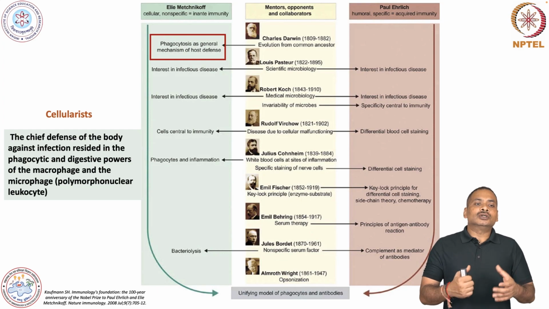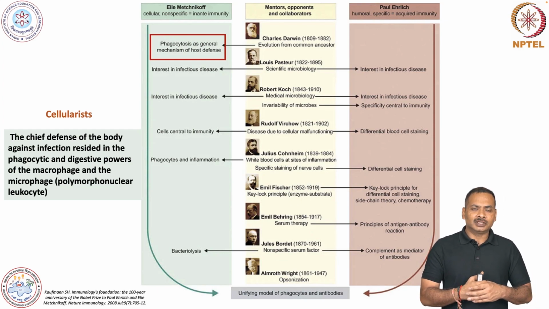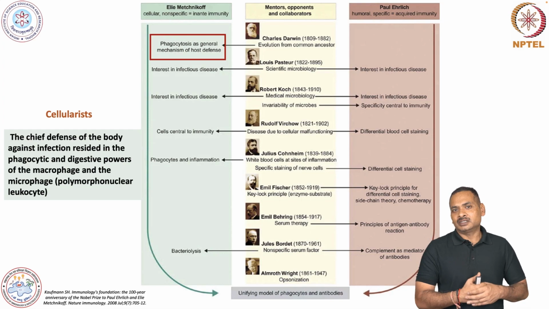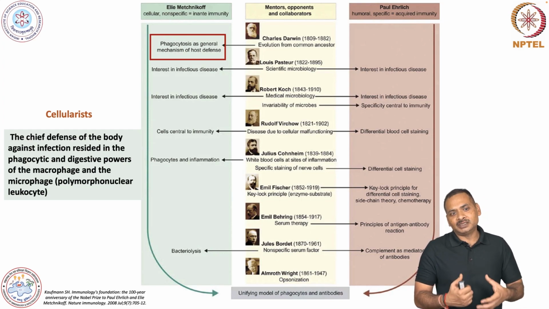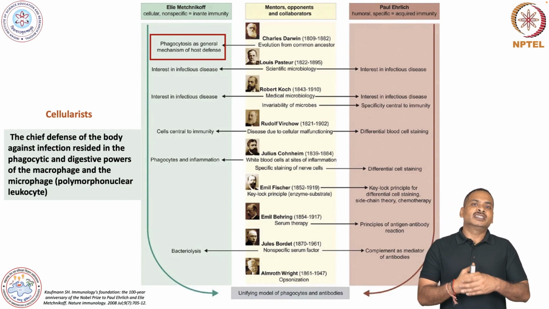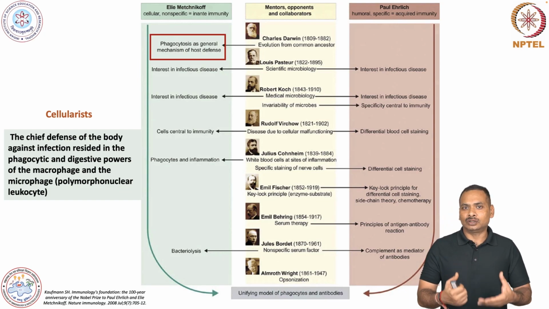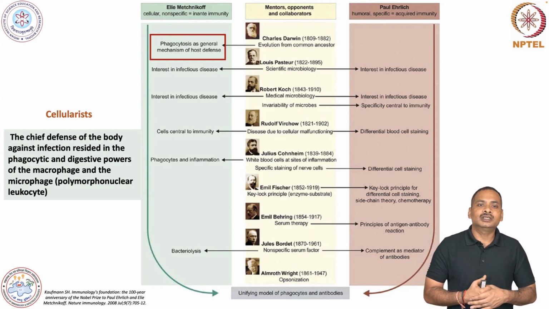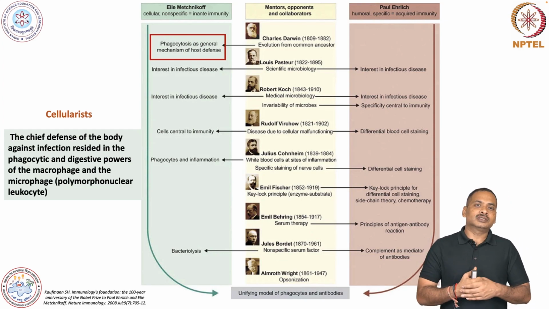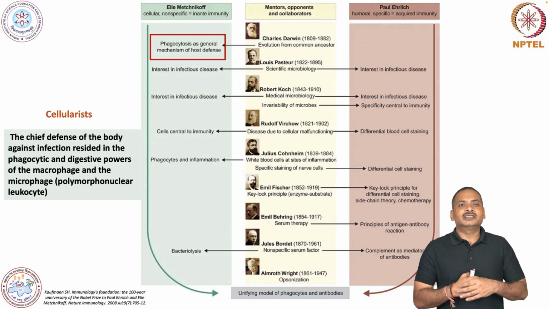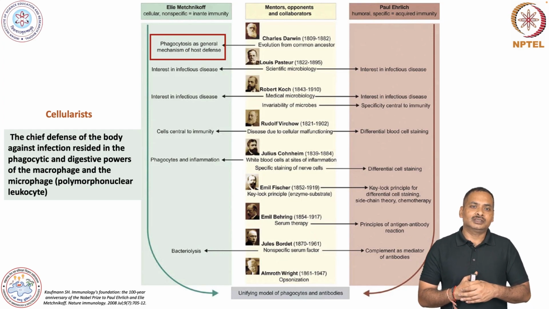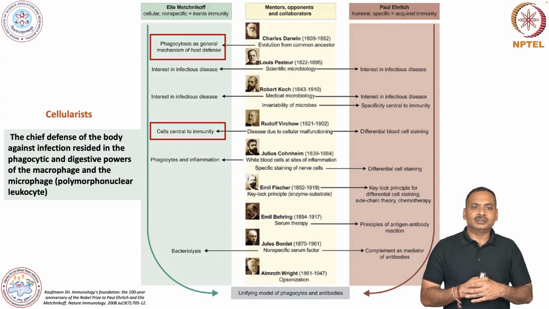So macrophages play a key role in immunity, and their digestive capacity gives a strong immune response. And who are the supporters of this theory? One is Charles Darwin, who said that phagocytosis is a general mechanism of host defense.